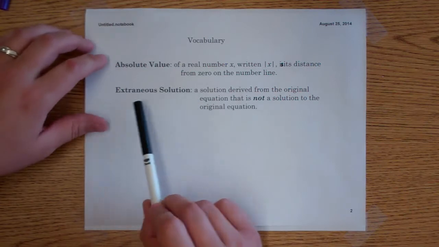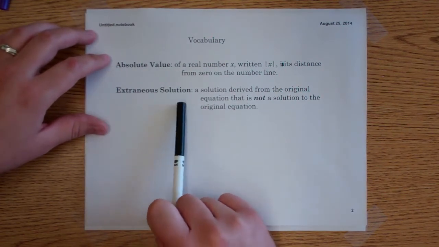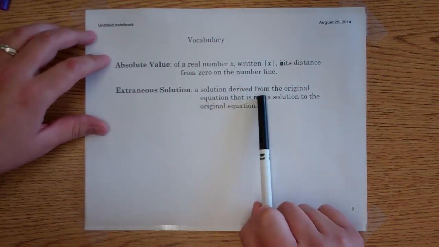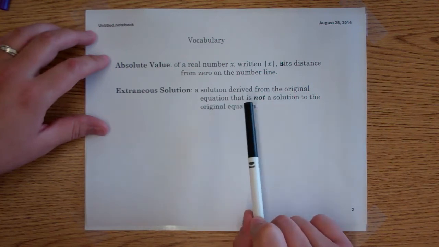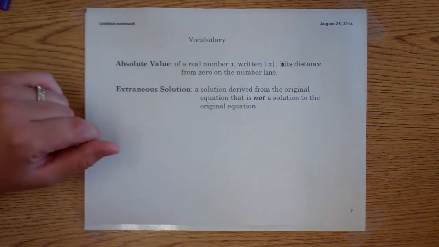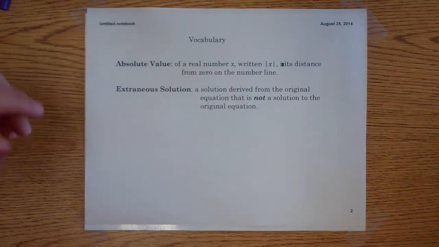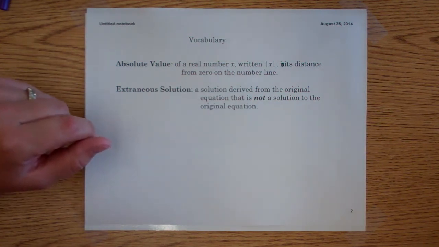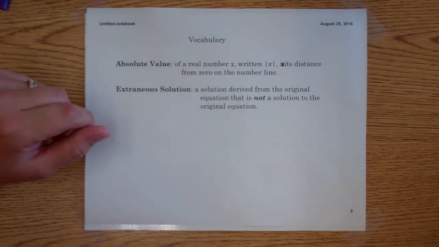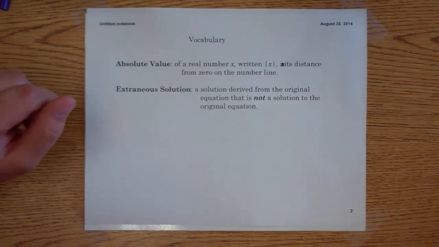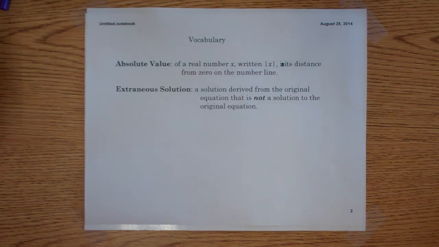All right. And then extraneous solution is a solution derived from the original equation that is not a solution to the original equation. Sometimes you'll solve these out and stuff just doesn't make sense. Like you might get something like the absolute value of -7 equals -7. That doesn't make sense because absolute value will never equal a negative number.